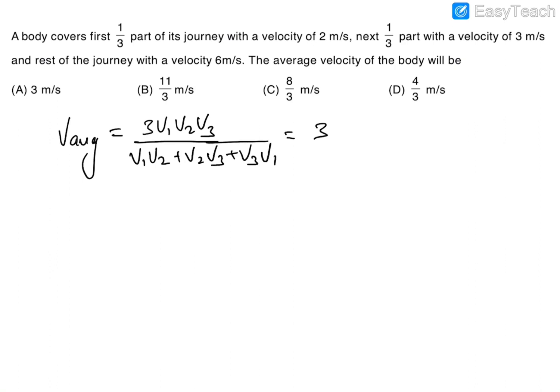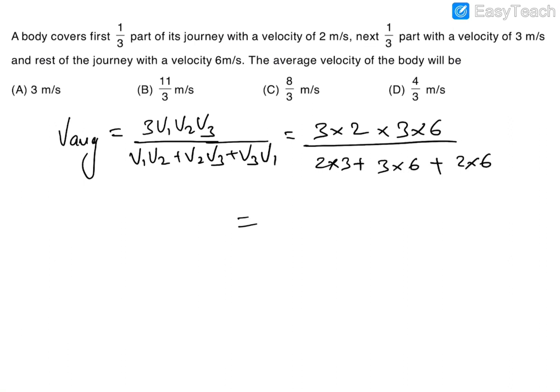So this would be 3 into 2 into 3 into 6 divided by 2 into 3 plus 3 into 6 plus 2 into 6.